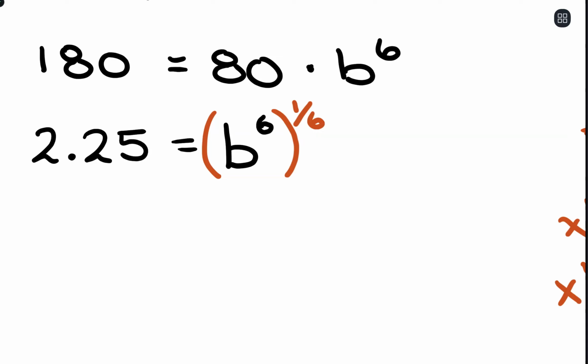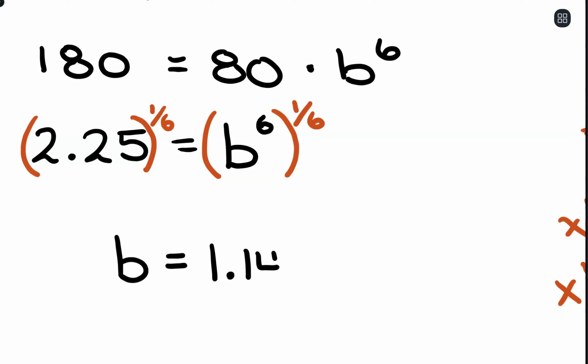Whatever we do to one side of the equation, we have to do to the other. So I'm going to take that 2.25 and raise it to a power of 1/6. So we plug that into a calculator, and that's going to give us b equals 1.1447.